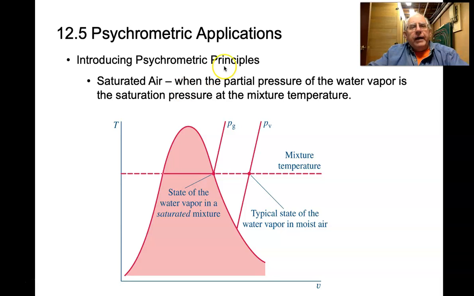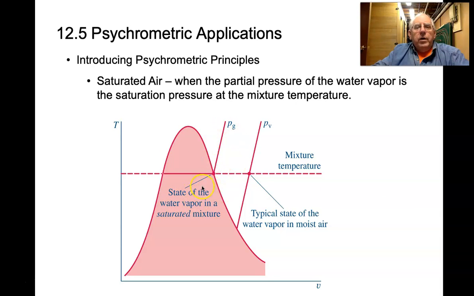Okay, so let's define this concept. What I have drawn on the screen here is a temperature-volume dome associated with water vapor. Now, this is just the pure substance water.